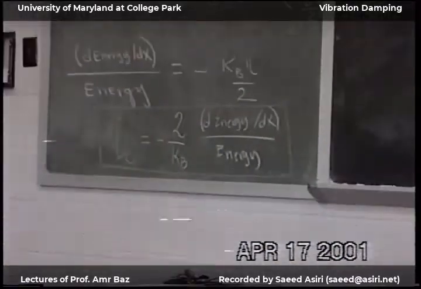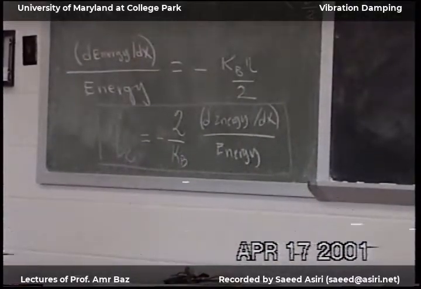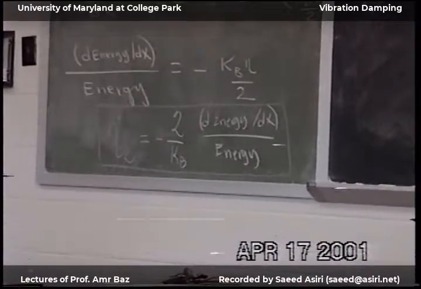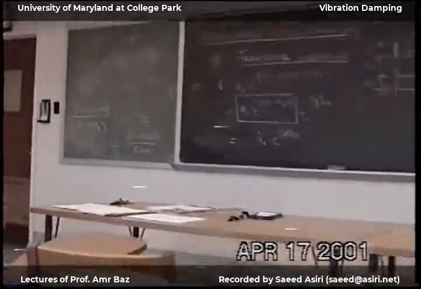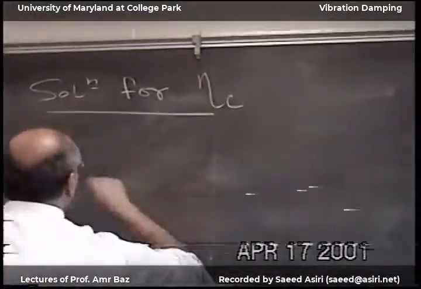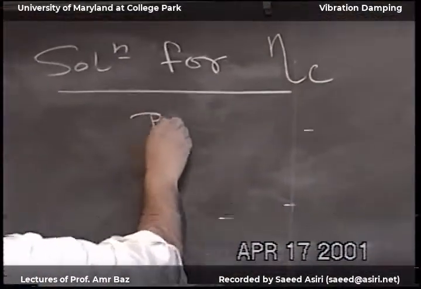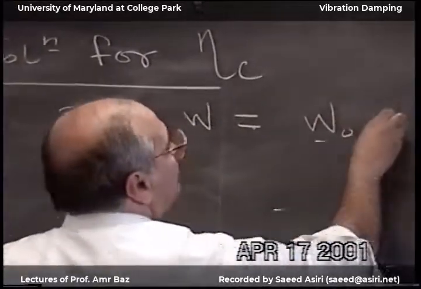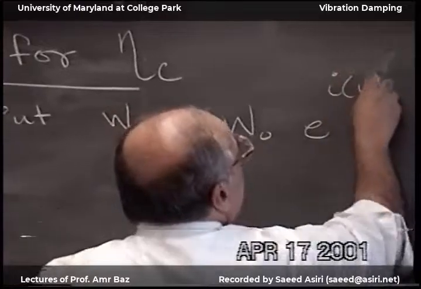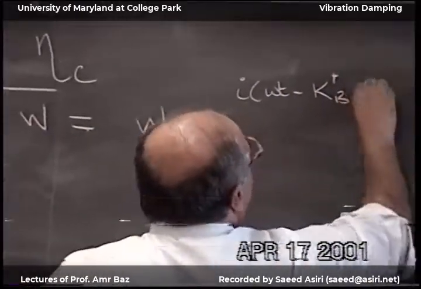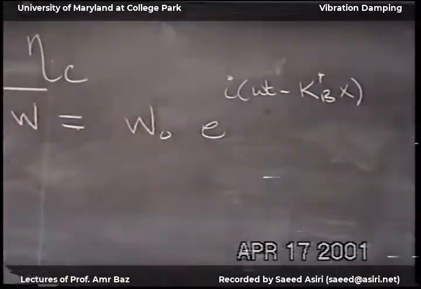Let me just say now the solution for eta C. Put W equal to W0 e to the i(omega t minus k_B x).